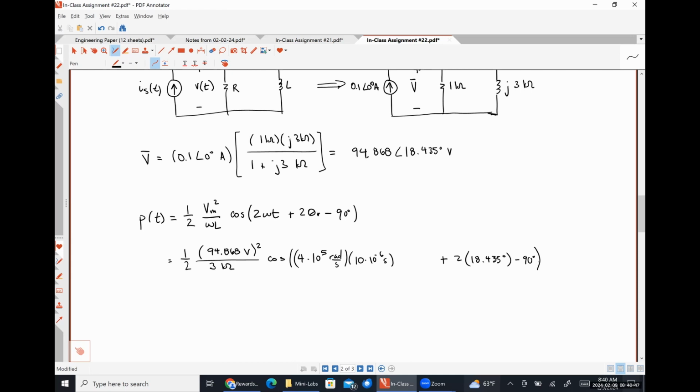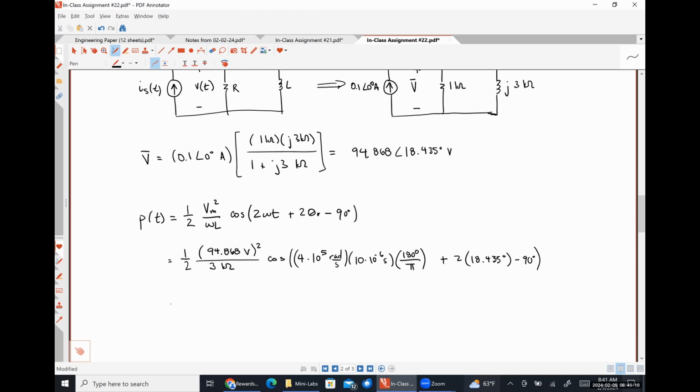So in order to facilitate that, I'm just going to include a simple conversion factor here, which is just going to be 180 degrees over pi. So that will make my resultant angle from multiplying omega t into an angle expressed in degrees. And so now I can put this into my calculator.